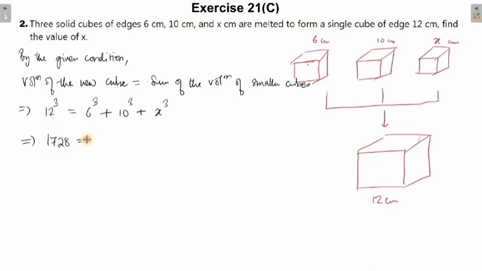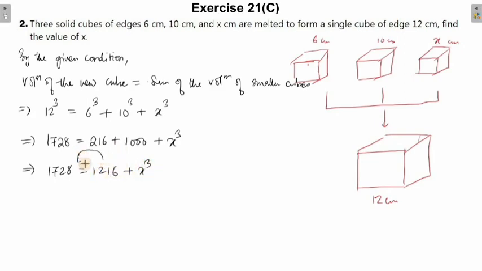So 1728 equals 6 cube, which is 216, plus 10 cube, which is 1000, plus x cube. Let's add these two: you get 1216 plus x cube.